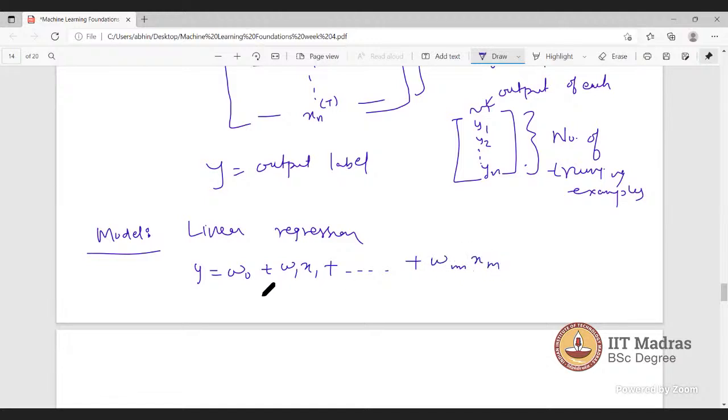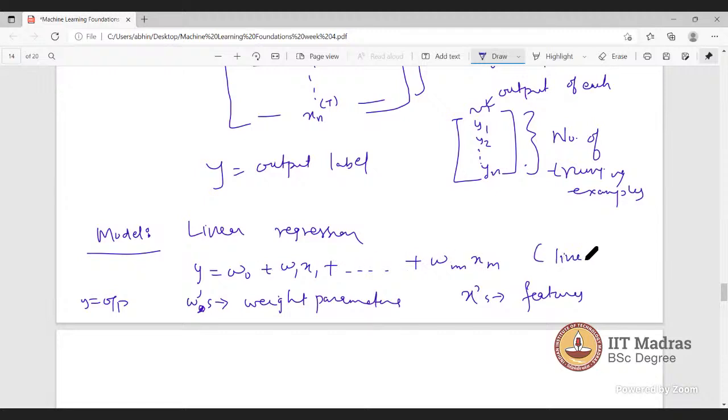Okay, so these w's are nothing but weight parameters, and these x's are nothing but features, and y is the output. Now since here we are using no quadratic term, we call it a linear regression model.